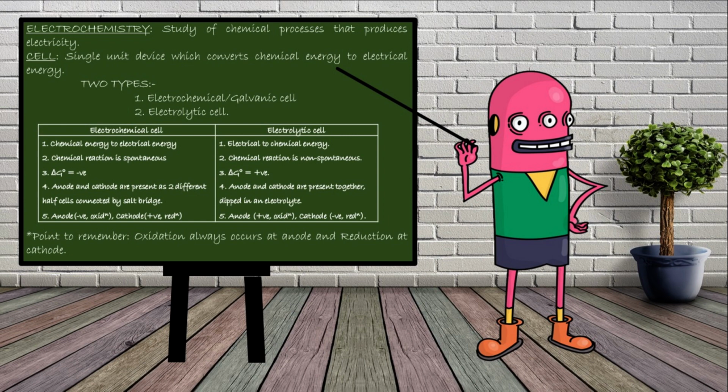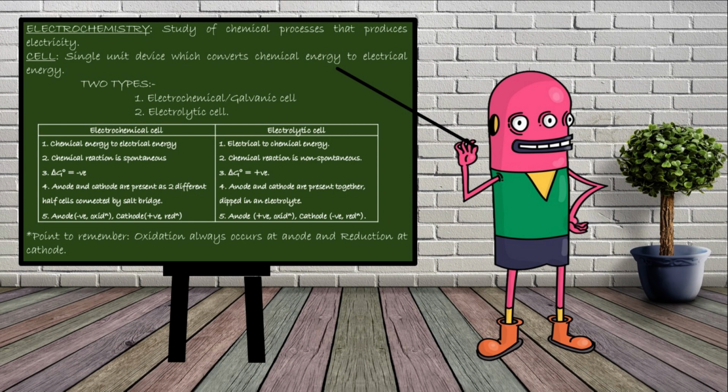In an electrochemical cell, the chemical reaction is spontaneous, which means the reaction proceeds on its own and we get electrical energy as the output. In an electrolytic cell, the chemical reaction is non-spontaneous. But how can we be so sure that here the chemical reaction is non-spontaneous?